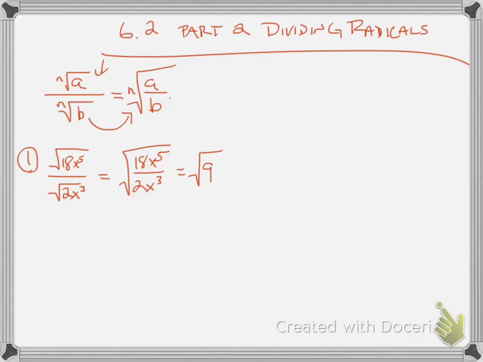And x to the fifth divided by x to the third becomes x squared. 5 minus 3 is 2. And that's where we're using those rules. So then I can take the square root of 9x squared, and that's going to become 3x.